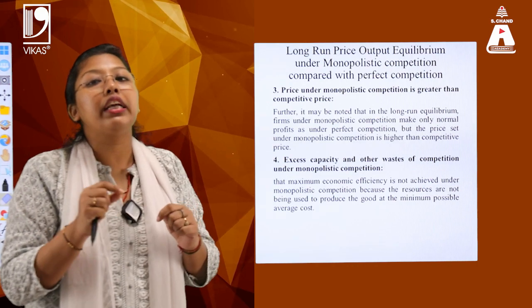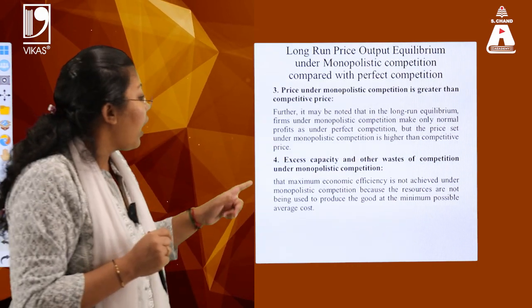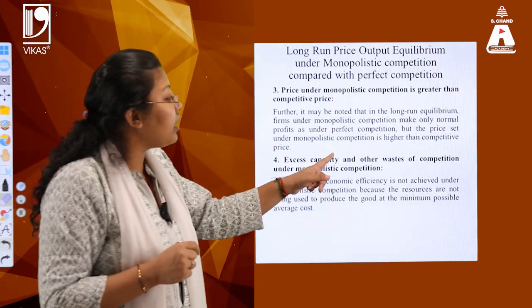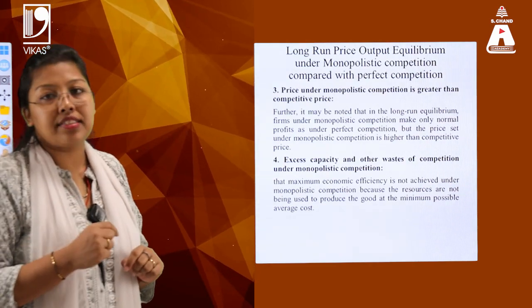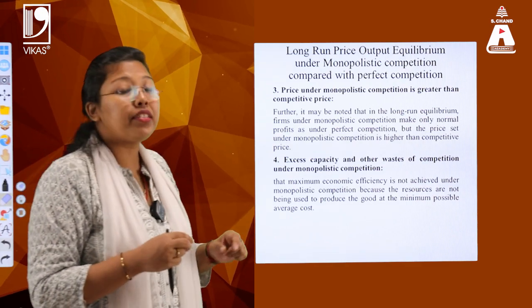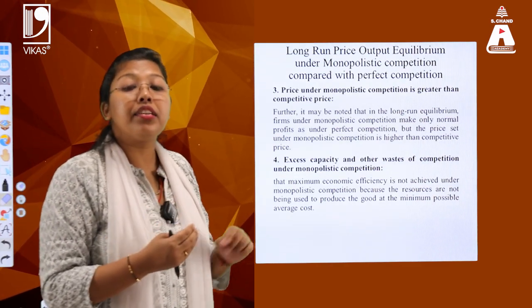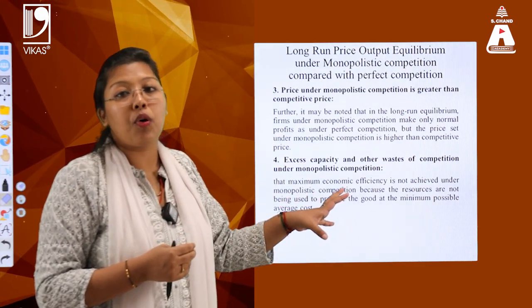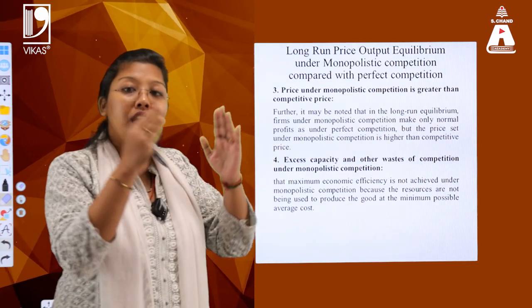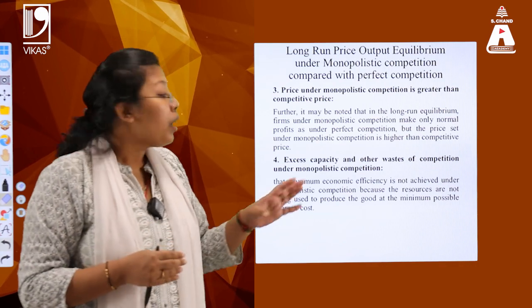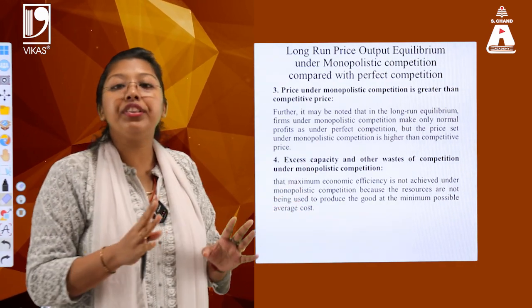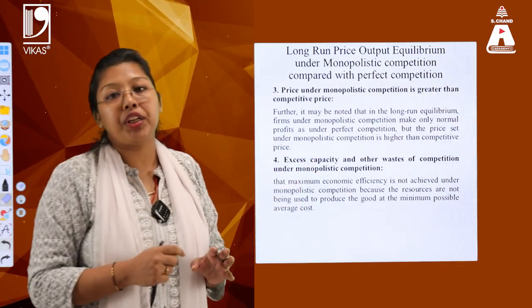But it is not the case in perfect competition. And lastly, excess capacity and other wastage of competition under monopolistic competition exist. Excess capacity क्या है? Excess capacity will exist in monopolistic competition, since there can be a huge zone of profit, a huge zone of loss. But excess capacity जैसी कोई चीज़ exist नहीं करती in perfect competition.